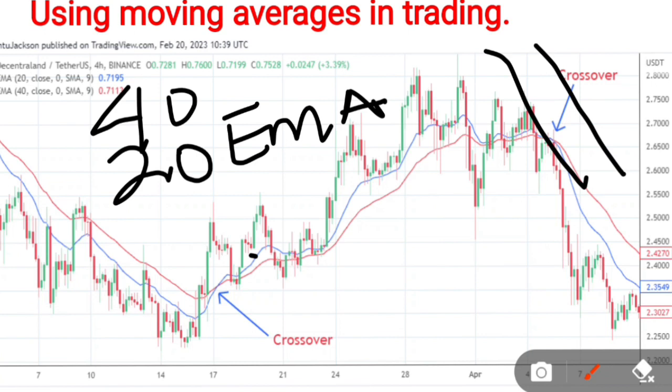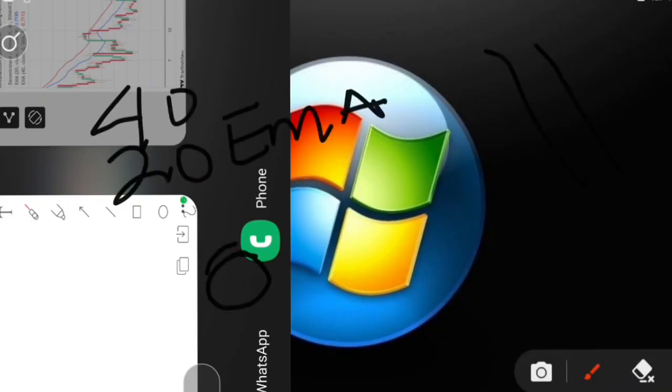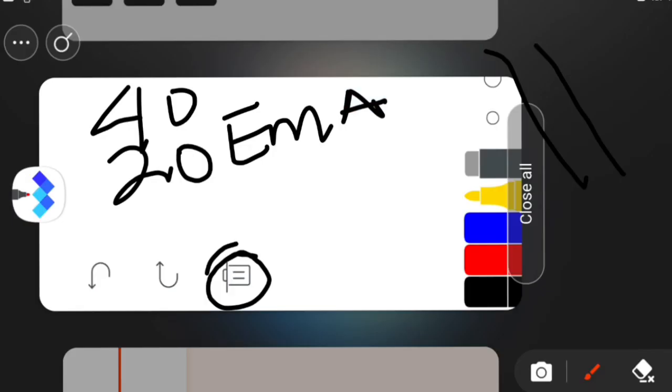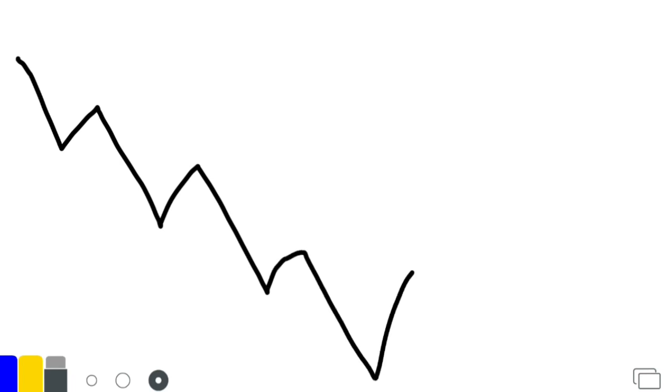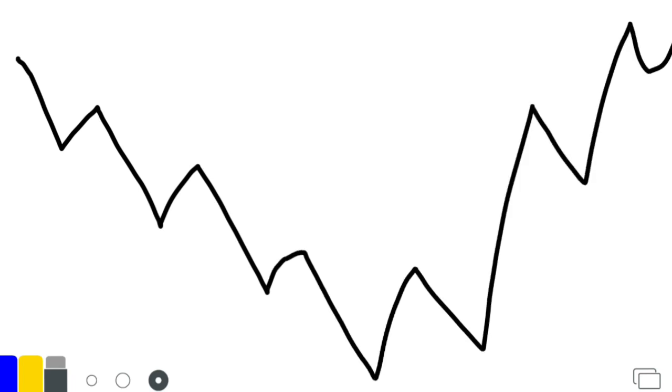Now, when you have a reversal from a downtrend to an uptrend, you have this crossover. And this crossover happens in two ways, just like I'm going to show you right here. So on a downtrend, then it changes to an uptrend. You're going to have one moving average, which is 20 EMA, sloping down.